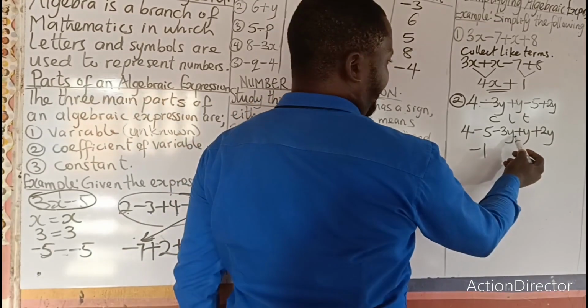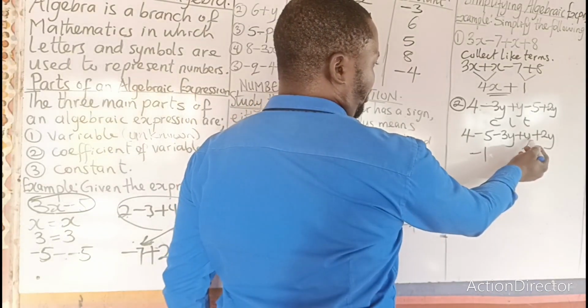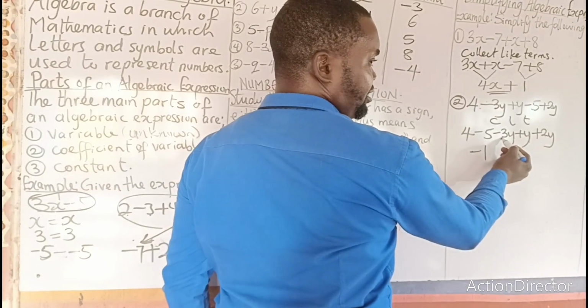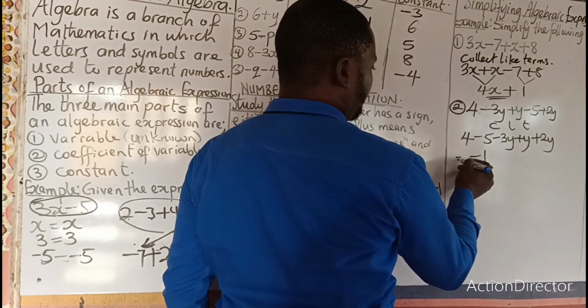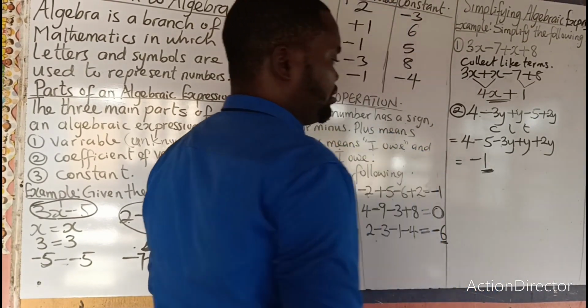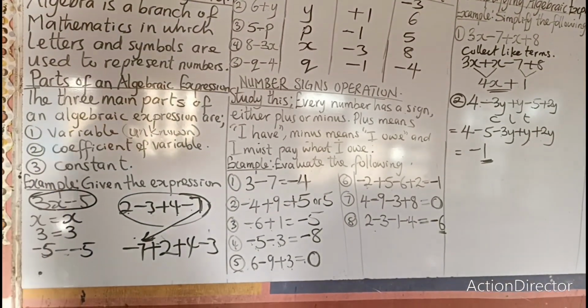What about here? How much am I having? I have y, plus y and plus y, that's 3y. And I owe 3. That means 0y, there's no y in it. It equals minus 1. So our answer is what? Minus 1. Is that clear?